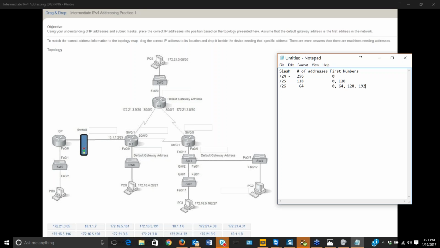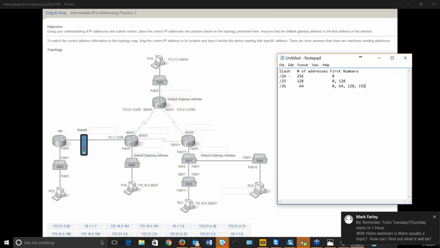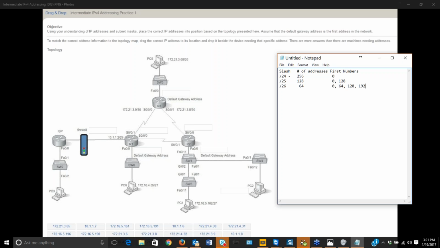Now, here's where you've got to be a little bit careful. That's the first number. Can we assign the first number to a device? No, we cannot. When they talk about a default gateway address, it's usually the first available number in the subnet.